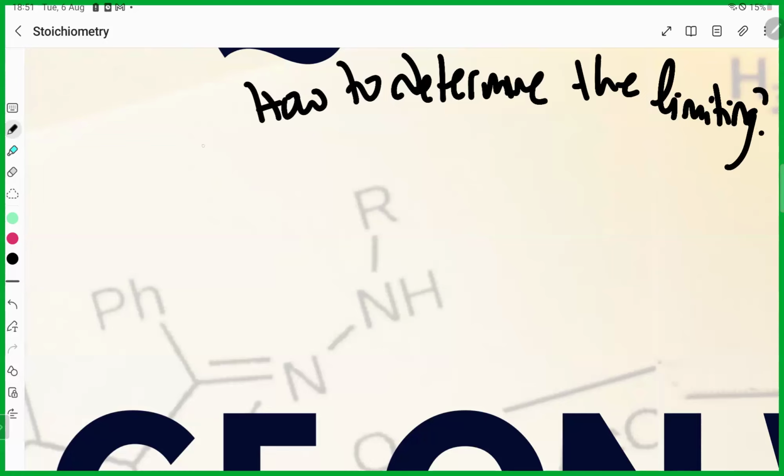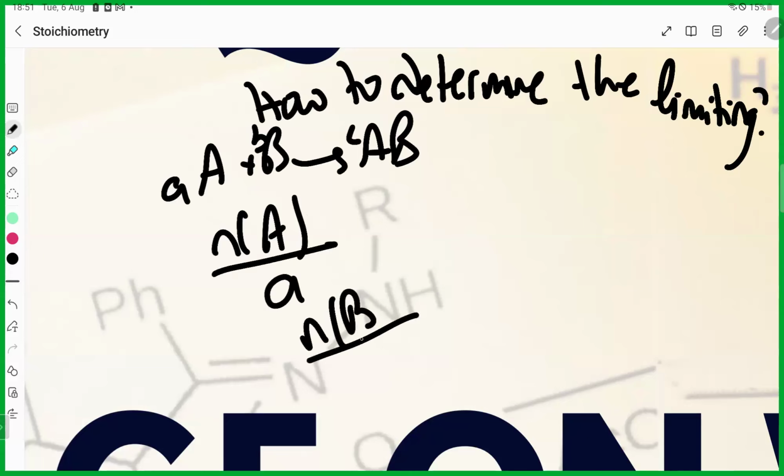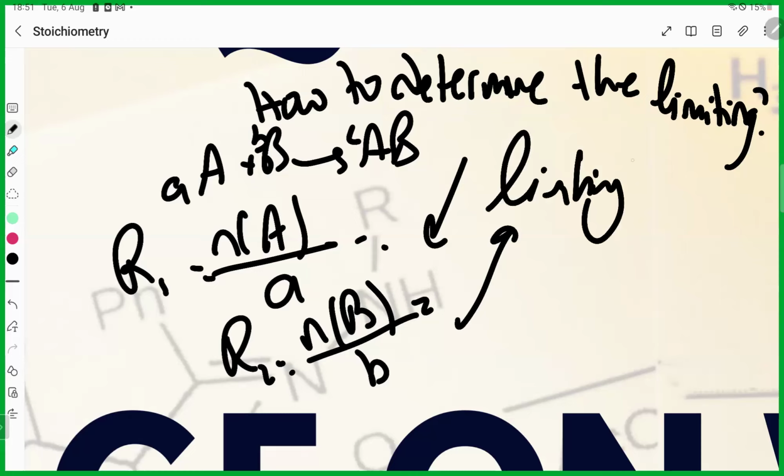If we have A plus B gives AB, we put the number of moles of A over the coefficient of A, and the number of moles of B over the coefficient of B: ratio 1, ratio 2. The one that gives the least number is the limiting reactant. The ratio that gives the highest number is the excess reactant.